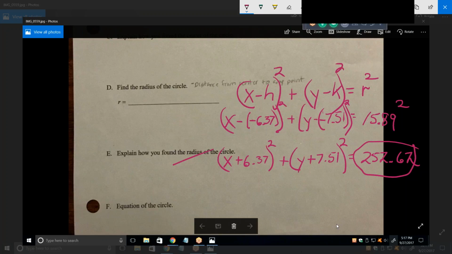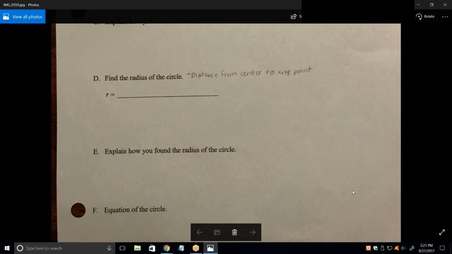This was quite a problem. This was an hour-long problem. Especially when they make you pick your own 3 points, because that virtually guarantees that you're going to be dealing with oddball numbers.